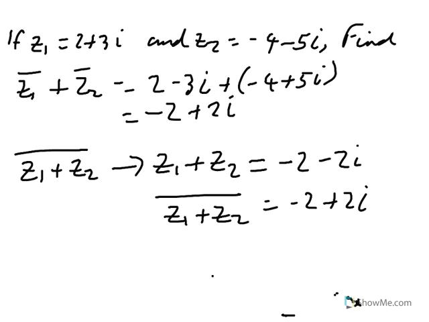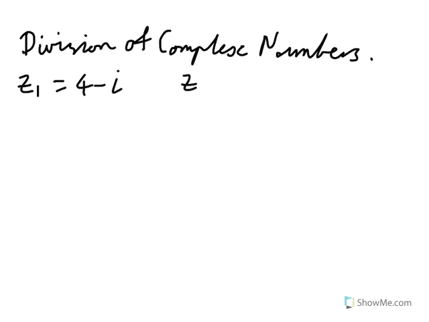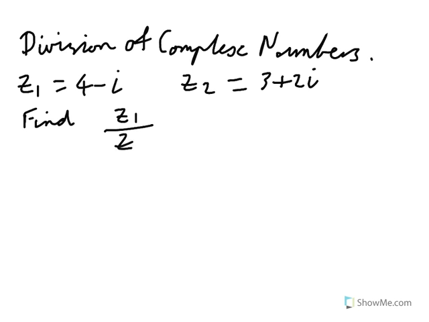Okay, so that's conjugates. Now, what do we really need conjugates for? We really need to be looking at them when we're doing division of complex numbers. So if we have Z1 divided by Z2, let's have a look: Z1 equals 4 minus i, and Z2 is 3 plus 2i, for example, and we want to find Z1 divided by Z2.